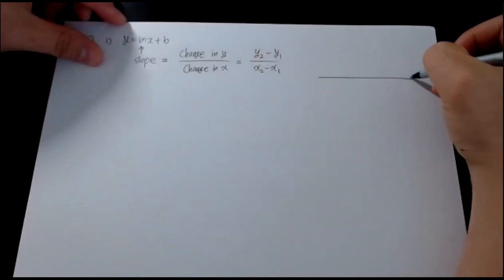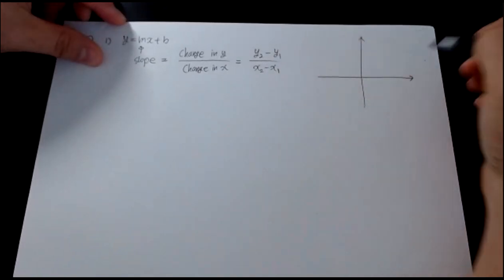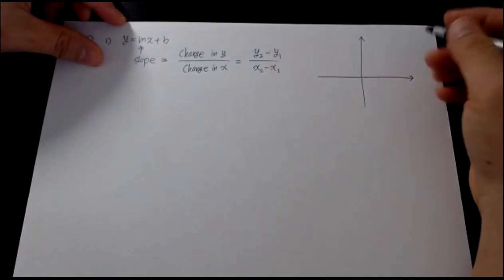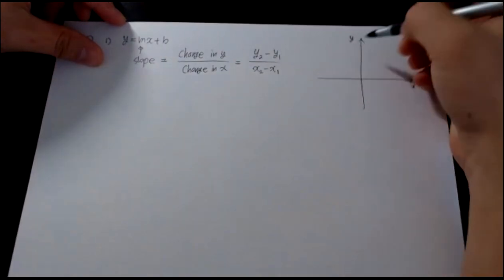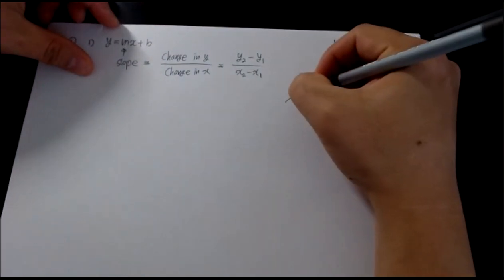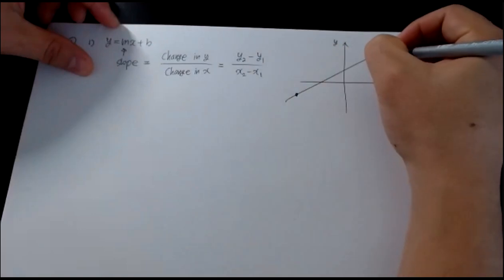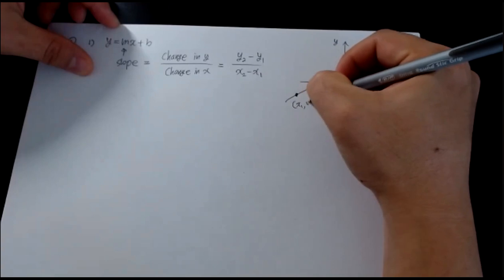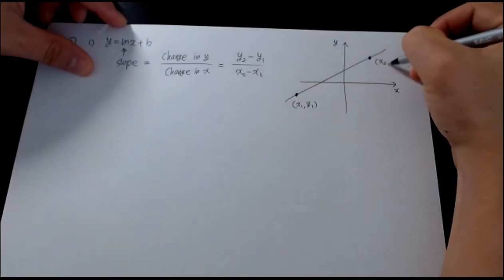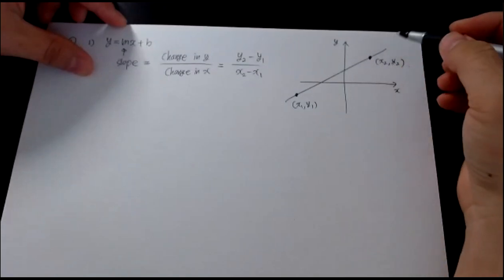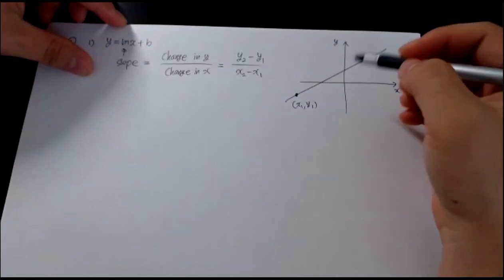So for example, here x-axis, here y-axis, and then think about that kind of line, okay? So if we know the ordered pairs of two points, x1, y1, and x2, y2, okay? Then we can find out change in y, change in x, I mean slope, okay?